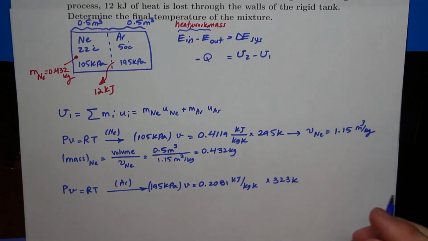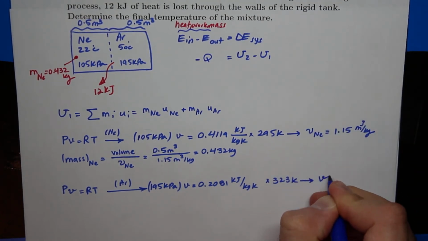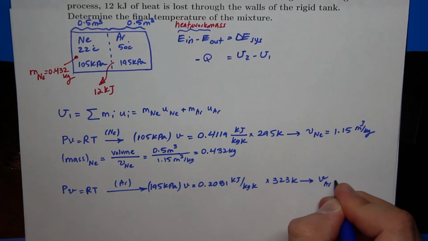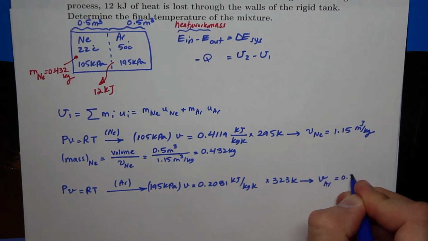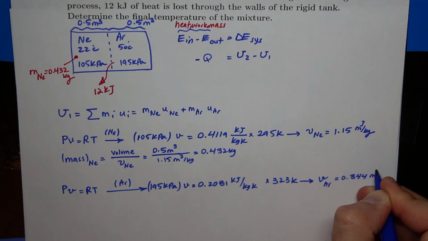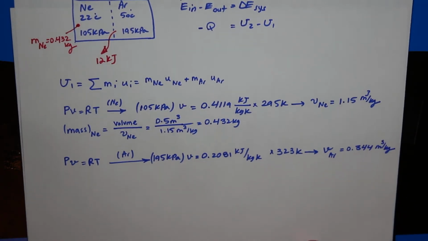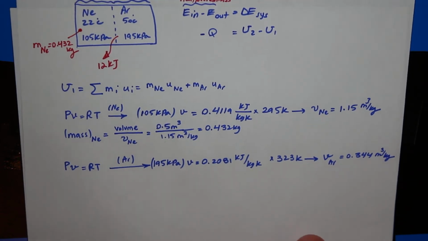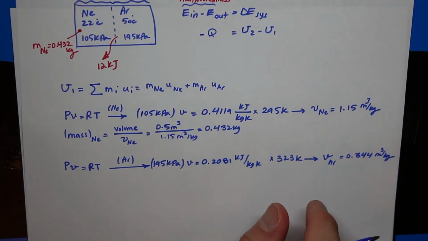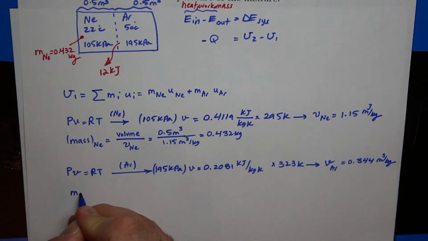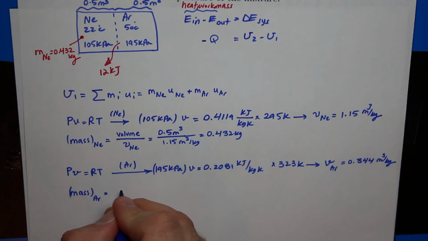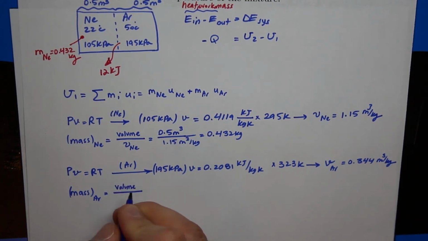Be careful with the unit for temperature. And that gives me the specific volume for argon gas equal to 0.344 meter cube per kilogram. Okay, now by having that specific volume, and because I know the volume of argon gas, I can find mass for argon gas, and that is equal to the volume over the specific volume of argon gas.